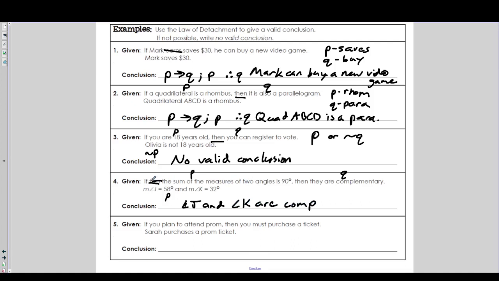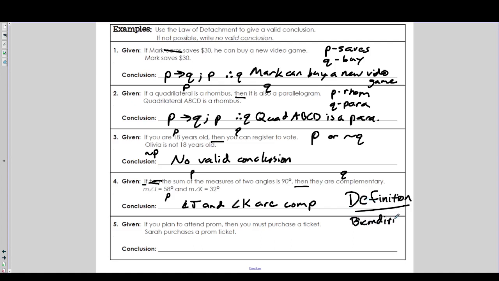So this one is interesting because it says if-then, but this is a definition. So this sum is 90 degrees is complementary. So this is what we call a definition. It's the kind of thing we write in our notebook as a definition. Whenever we have a definition, definitions are always biconditionals.